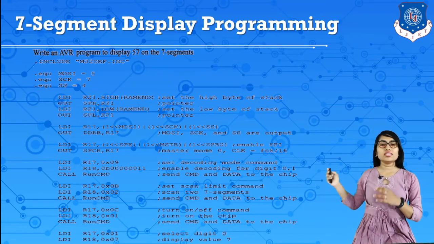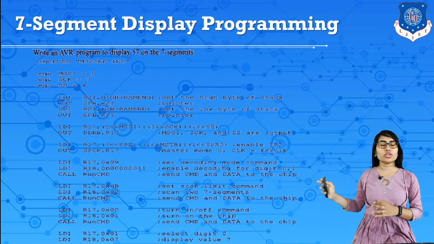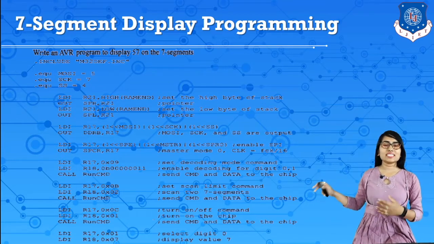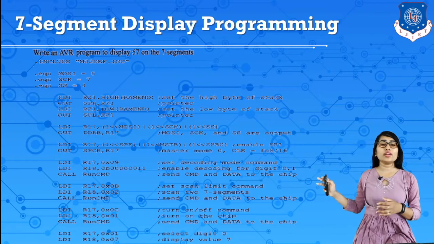Now here set the decode mode command. For that, here we have 0x09. Then enable the decoding for digit 0 and 1. Okay, enable the decoding. Then send the command and data to the chip. This is for display. This programming or this instruction is for displaying on the device.